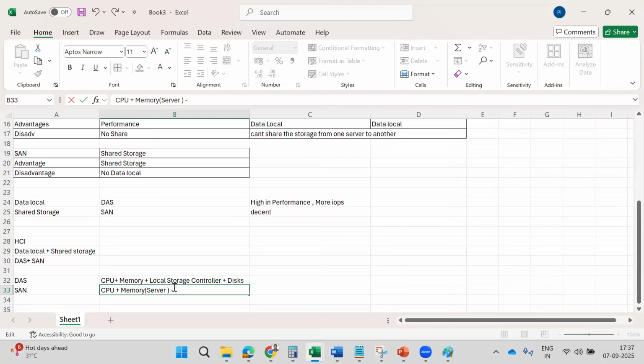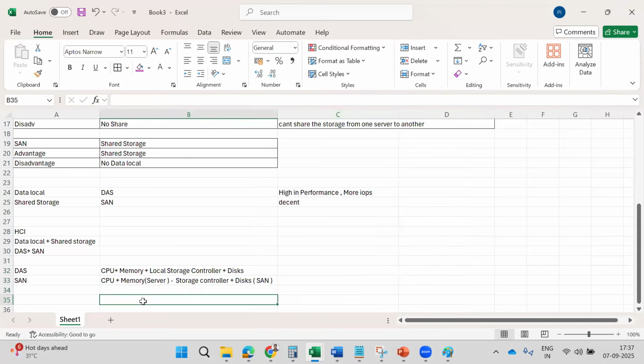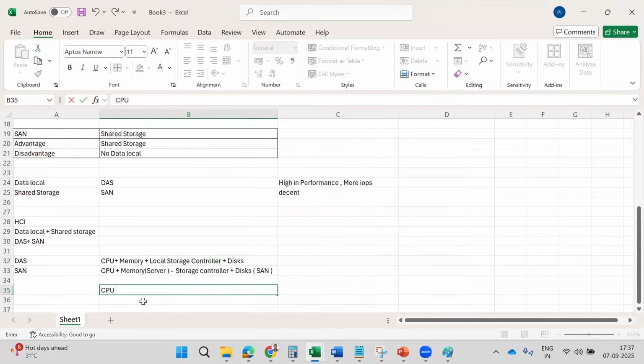Then additionally we need a storage controller plus disk that we get from SAN. So what I'm trying to say is, for any server, we need CPU, memory, controller, and disk. Even if it is DAS or SAN, we still need all these four.